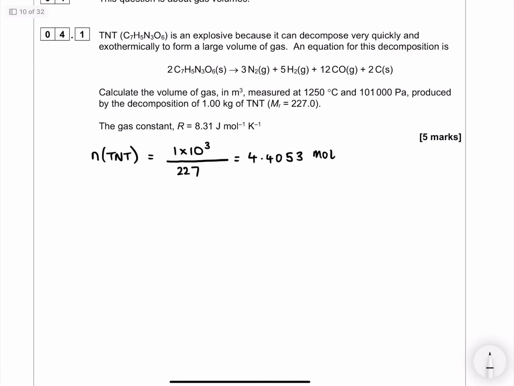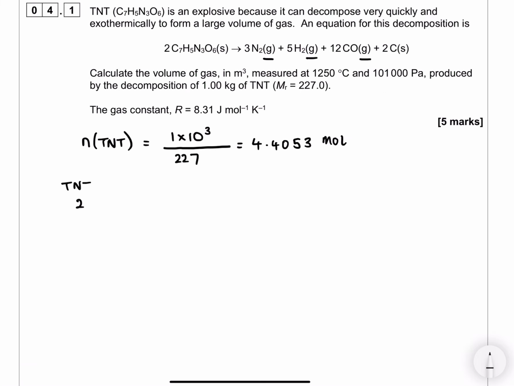Now the question is about gas. It wants to calculate the volume of gas, and we can see that there are a lot of gases here. So the number of TNTs to the number of moles of gas is 2, 3, add 5, add 12, so that's 20, or 1 to 10.